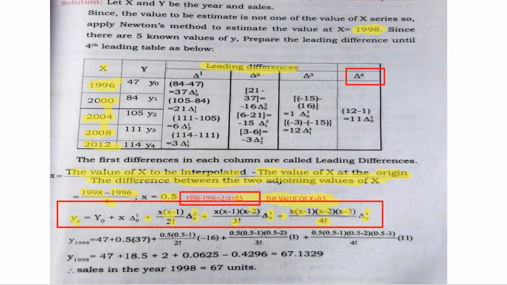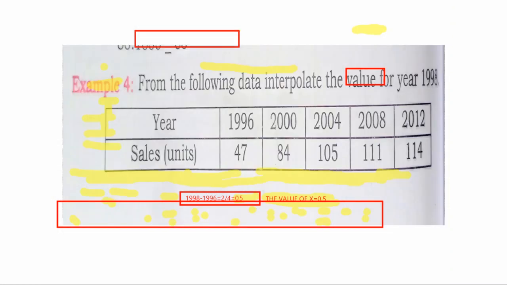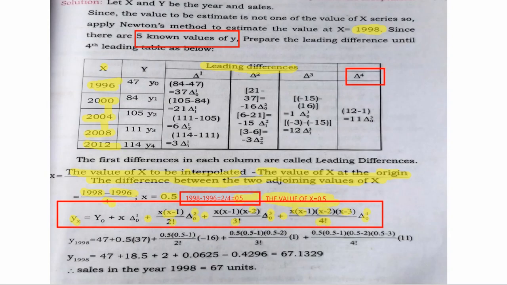That means n minus 1: 5 minus 1 is 4. The known values are 1, 2, 3, 4 and 5, so n minus 1 is 4, and that is why I have taken delta to the power of 4 here.